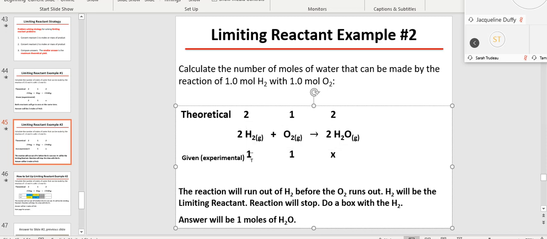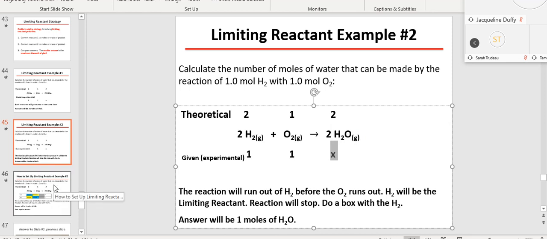Because the limiting reactant stops the reaction, that is the number you're dealing with. So you do your box and you get an answer of 1 mole. And that kind of makes sense. If I need 2 moles of this to make 2 moles of this, well, if I only give you 1 mole, it has to be the same number.